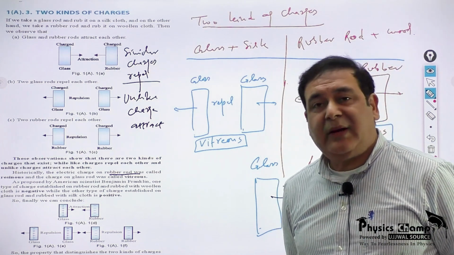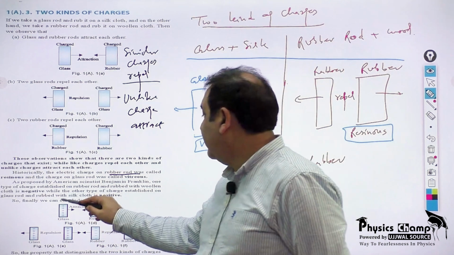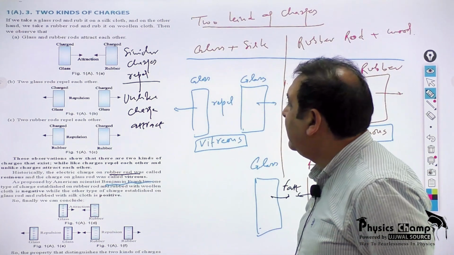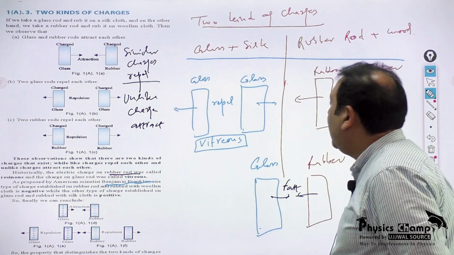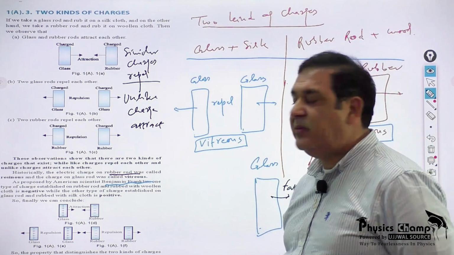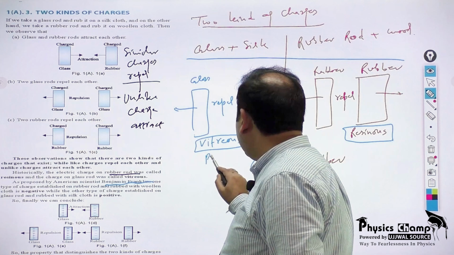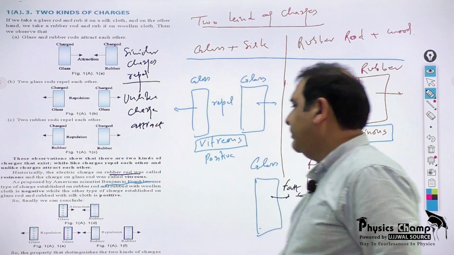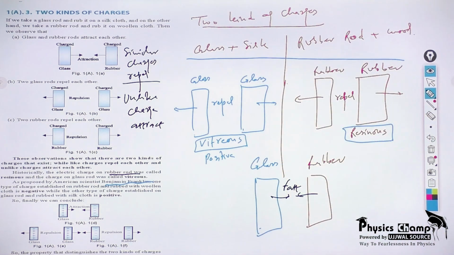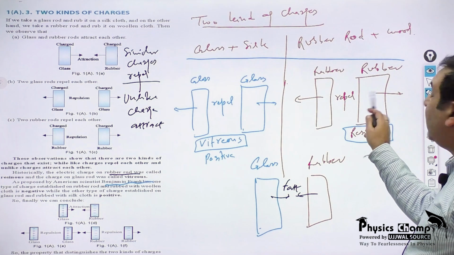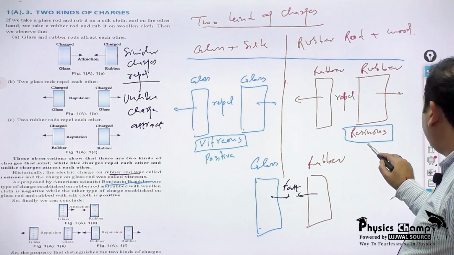And then later it was Benjamin Franklin. He mentioned that the kind of charge which is on the glass rod, which was earlier called vitreous, is a positive charge, whereas the kind of charge on the rubber rod which comes after rubbing with wool is a negative charge.